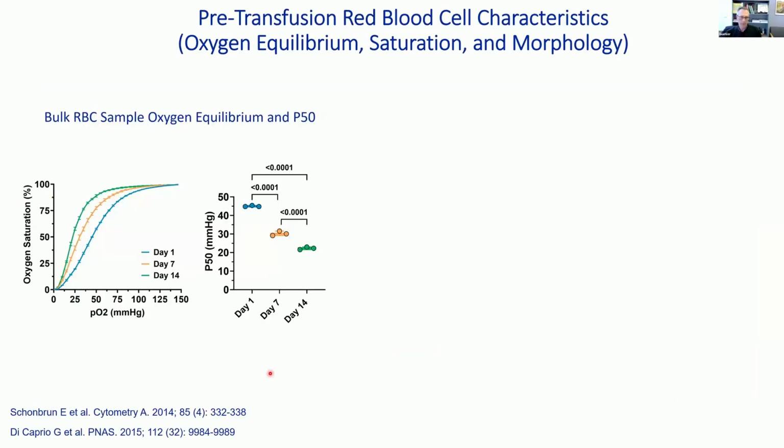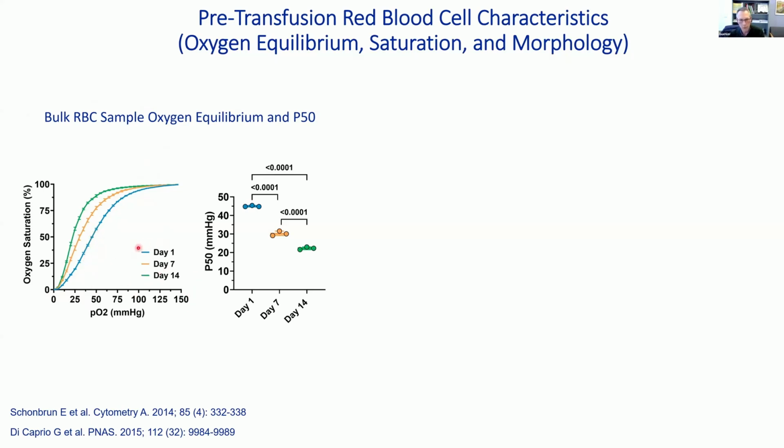And for example, we can then characterize that blood in terms of its functional capabilities before we transfuse it. Here's an oxygen equilibrium curve in its bulk form. So at day 1, the oxygen equilibrium curve is quite normal. The P50 in a B6 mouse is a little bit high. It's about 46 to 49, which is expected.